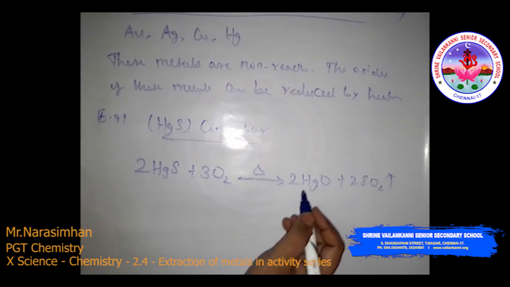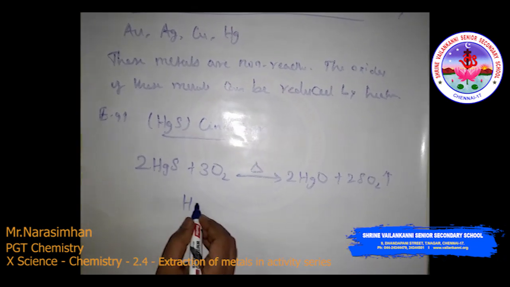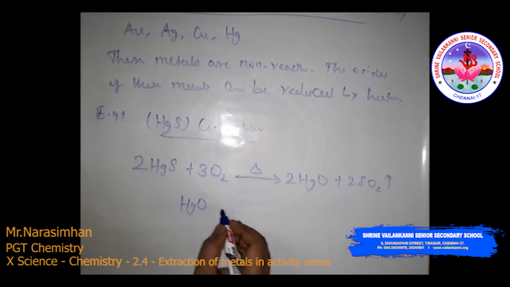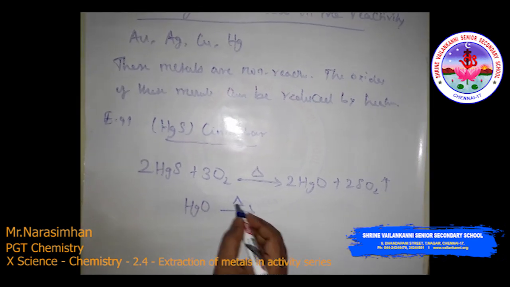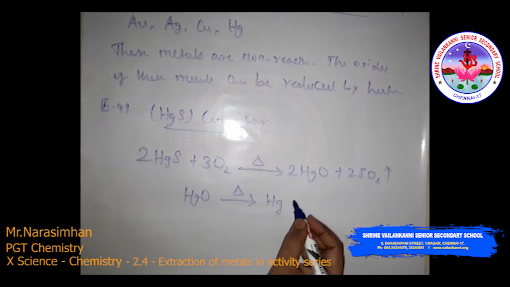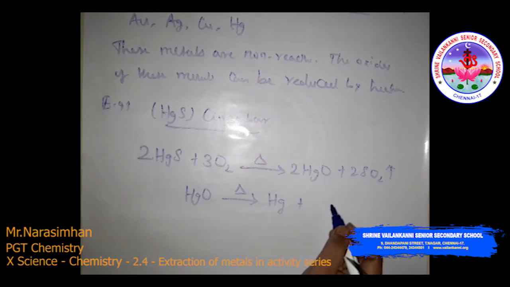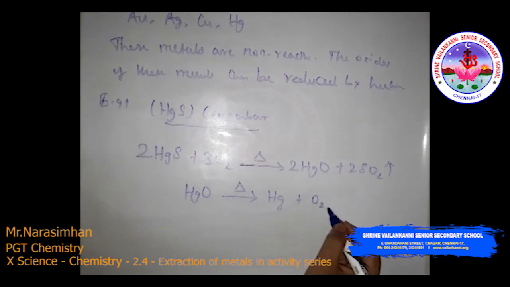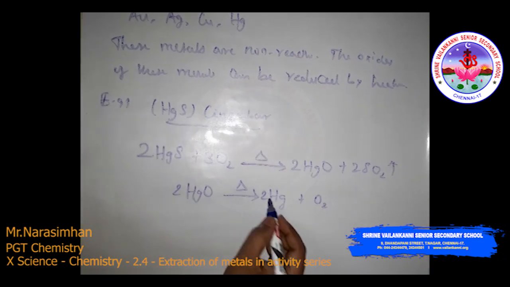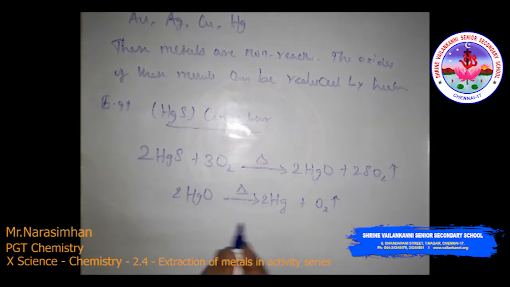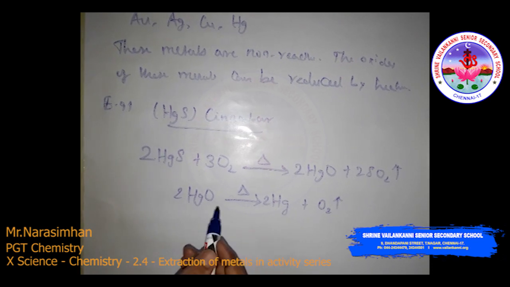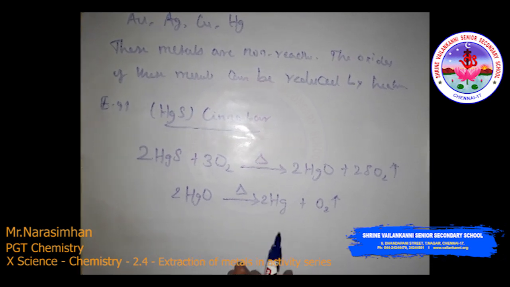Then this mercury oxide, the metal oxide, on further heating gives mercury and oxygen, 2 HgO gives 2 Hg and O2. So this is the extraction process of mercury from cinnabar.